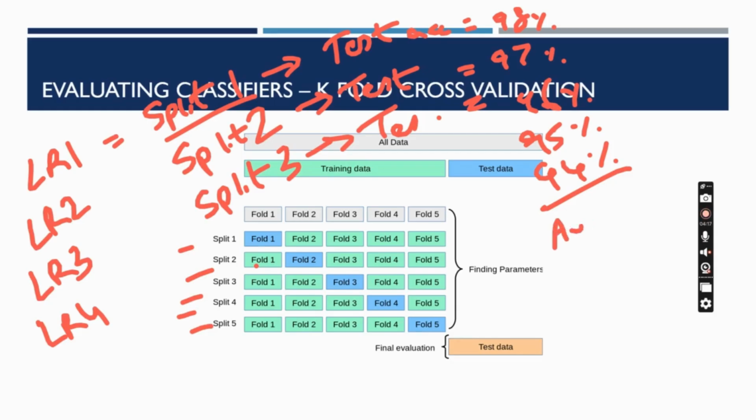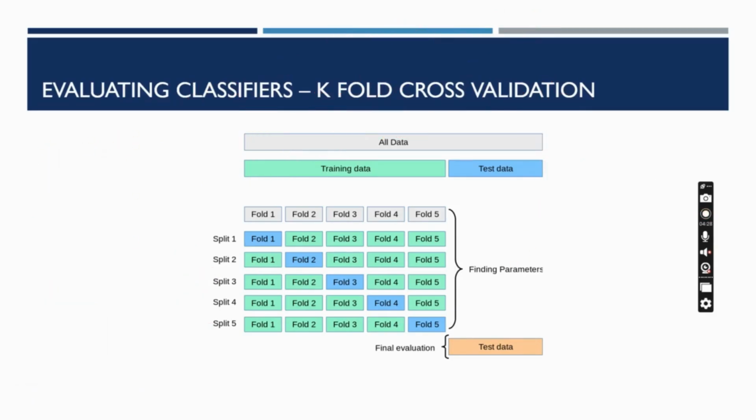So on average, we have 95% as the performance of model LR1. So we complete this for all the 4 models.